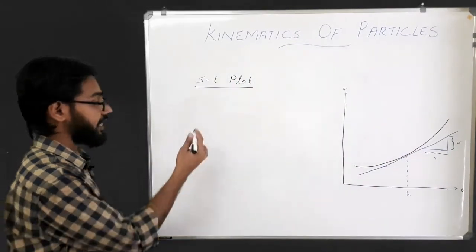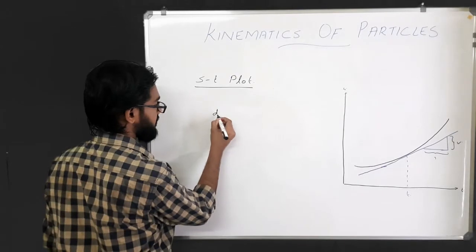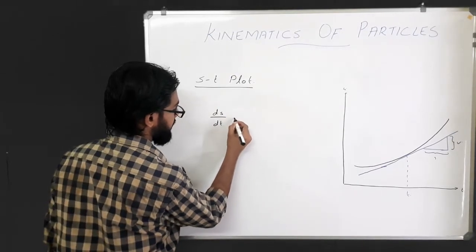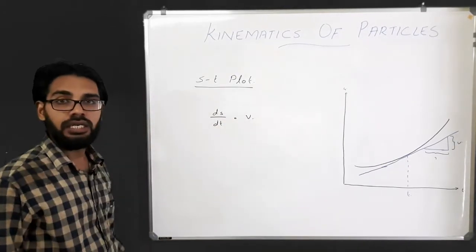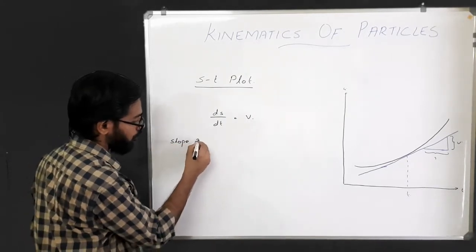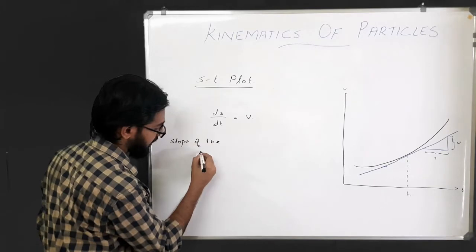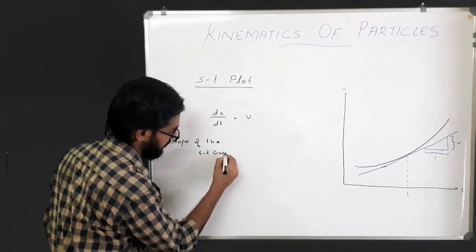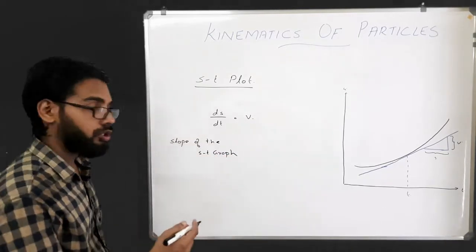So I can write here ds by dt is equal to v. Here ds by dt is actually the slope of the s-t graph, which will be equal to the velocity.